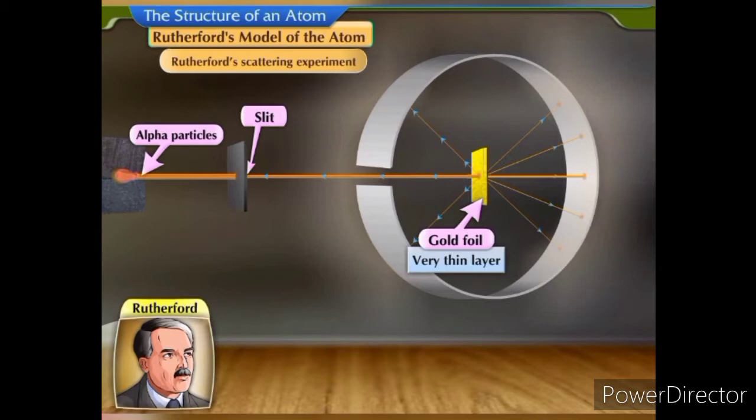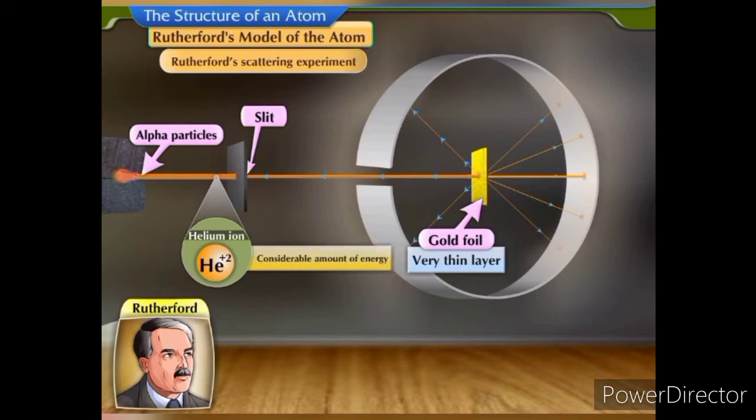Alpha particles are helium ions with +2 charge and have a considerable amount of energy. These particles were studied by means of flashes of light they produced on striking a zinc sulfide screen.